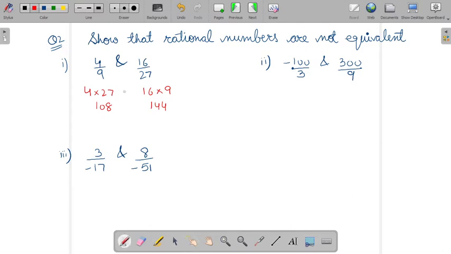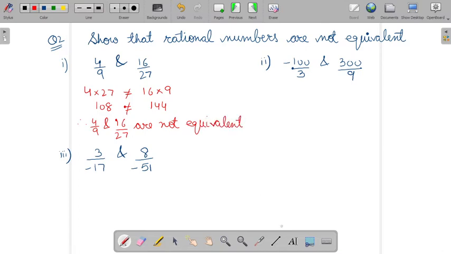So after doing the cross multiplication, we are getting it as not equal. Be careful, since it is not equal, you will put the not equal sign. So therefore, what will you write? 4 upon 9 and 16 upon 27 are not equivalent.